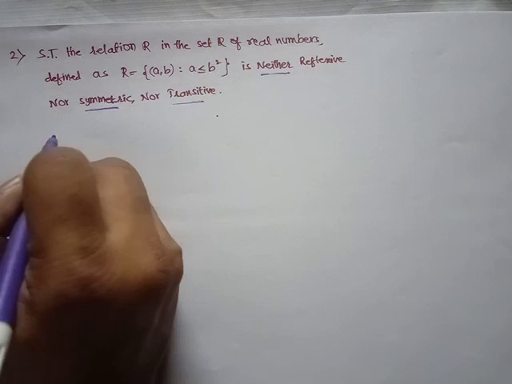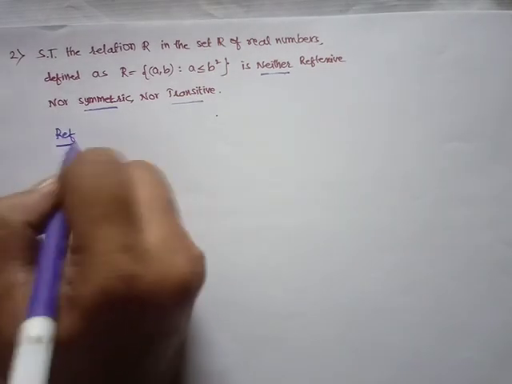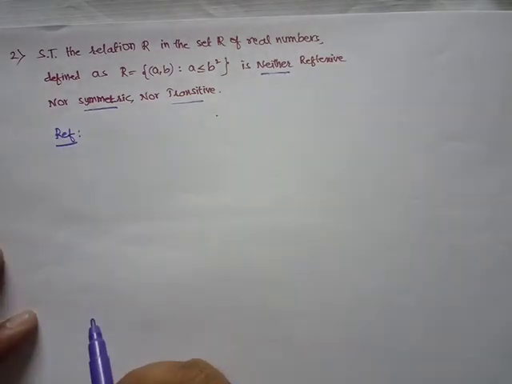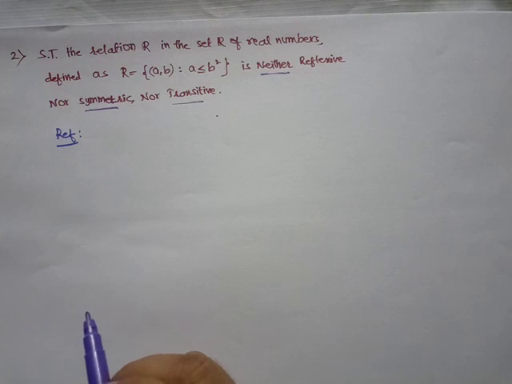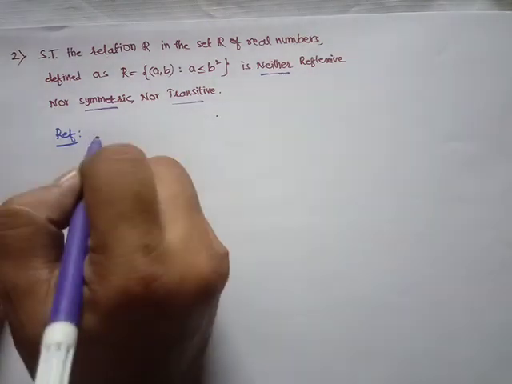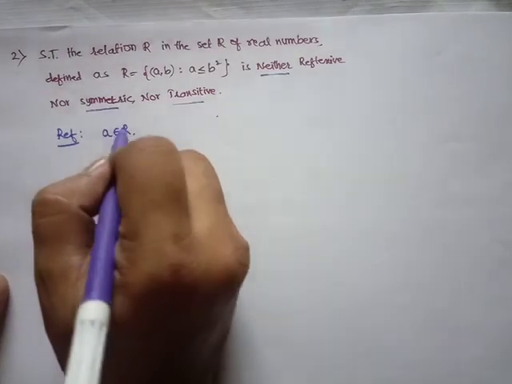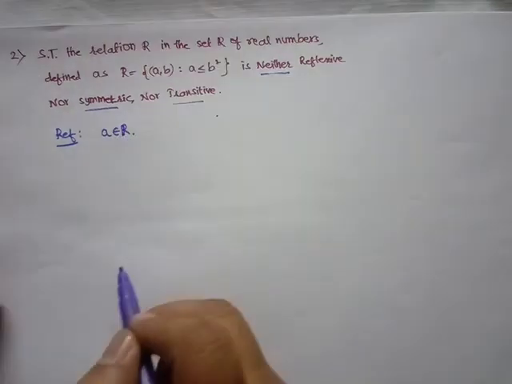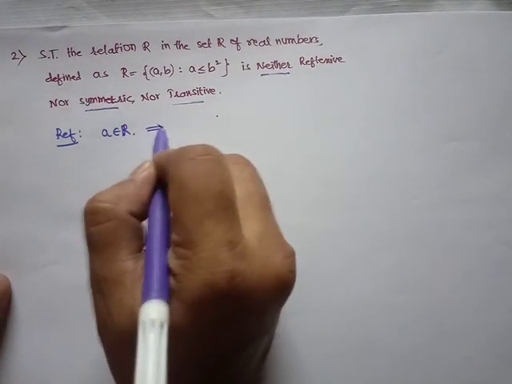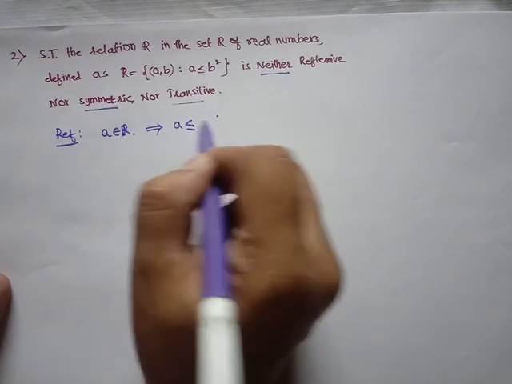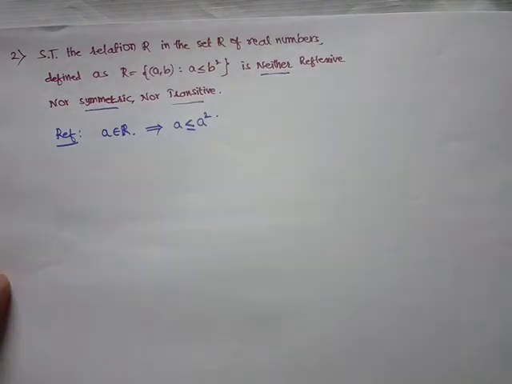So talking about the reflexive case, can we say a comma a, where a belongs to capital R, a is less than or equal to a square?